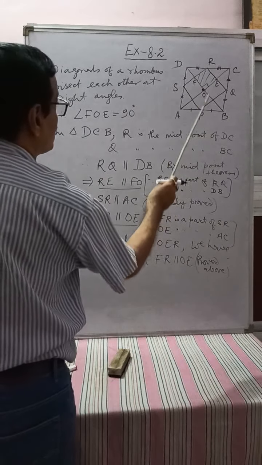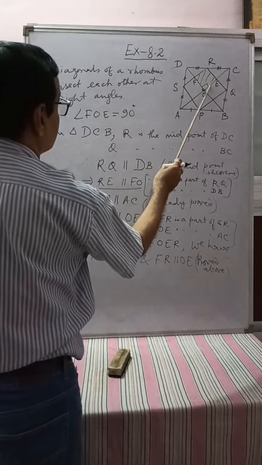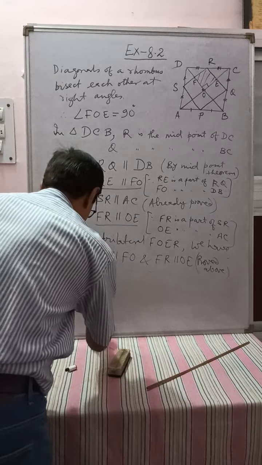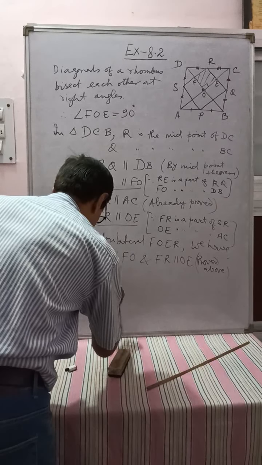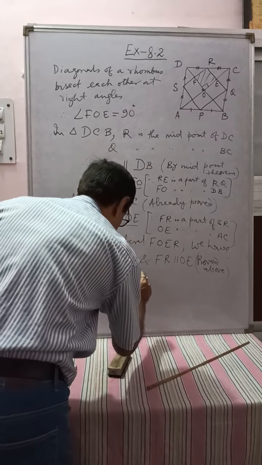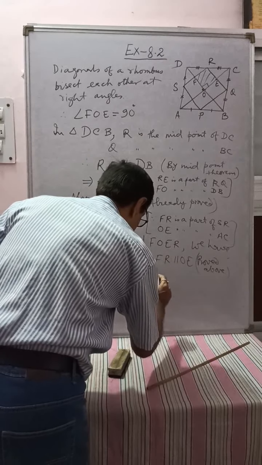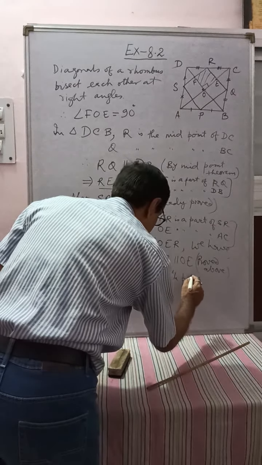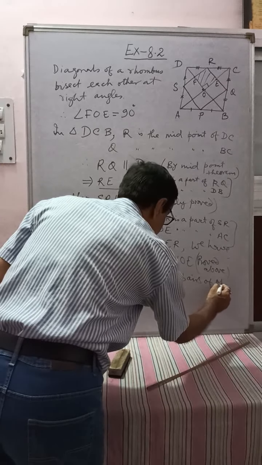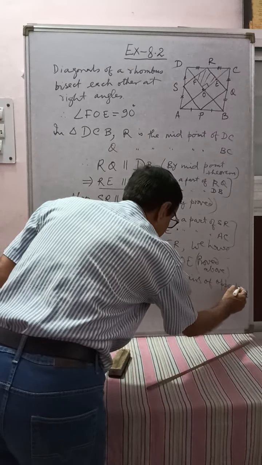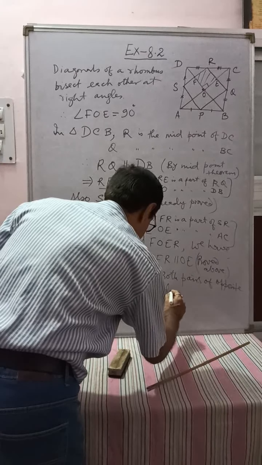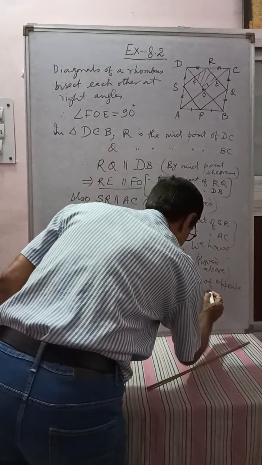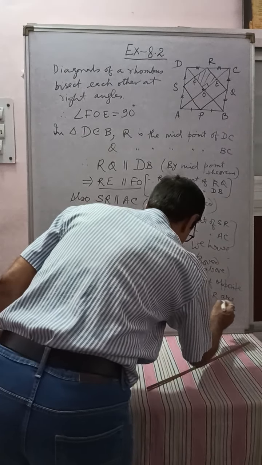That means opposite sides of this quadrilateral are parallel. Therefore FOER is a parallelogram, because both pairs of opposite sides of FOER are parallel.